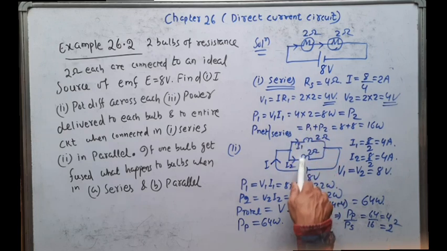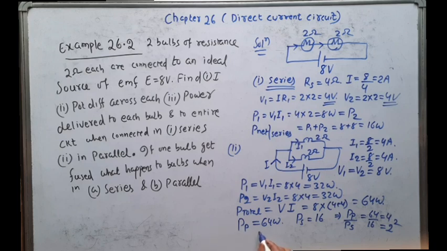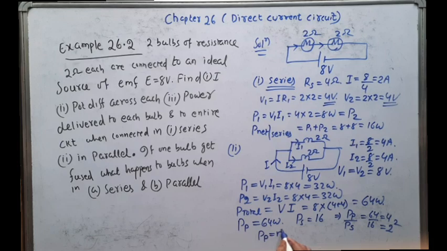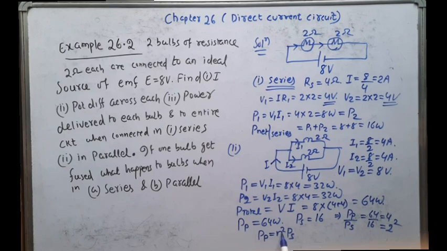That means two identical resistors. We have derived in the last part that the power delivered in the parallel circuit must be equal to n square times the power delivered in the series circuit if the resistances are identical. Here there are two identical resistances, so n square must be equal to 2 square. So the power ratio is n square, with n equal to 2, that is 2 square.